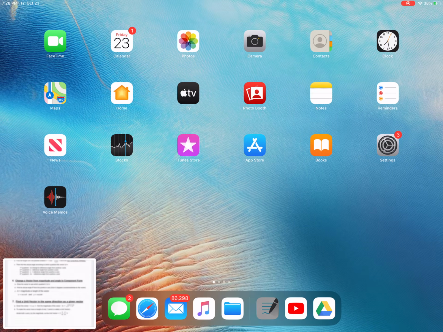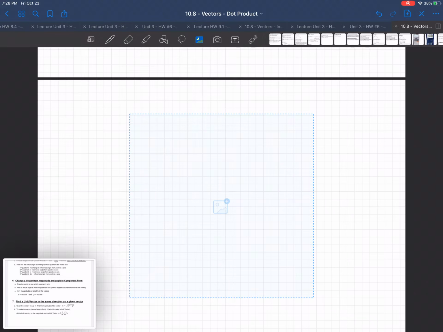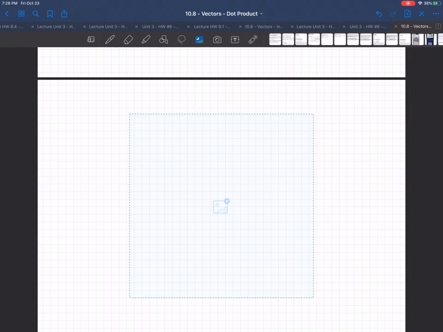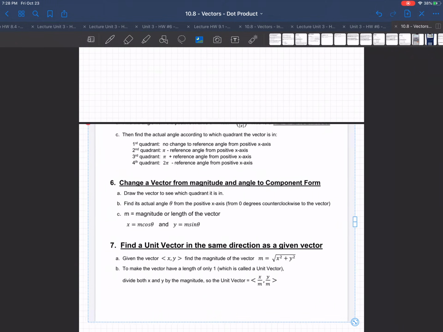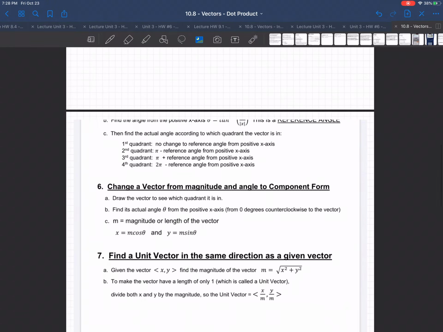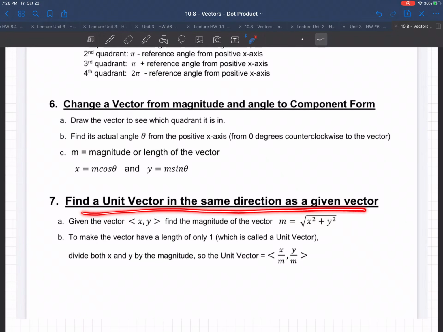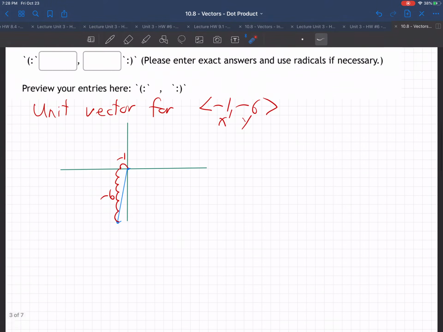Find a unit vector in the same direction as a given vector. So, given a vector, find the magnitude, and then to make the vector have a length of only 1, which is what a unit vector is, divide both x and y by the magnitude. So that's what we need to do.